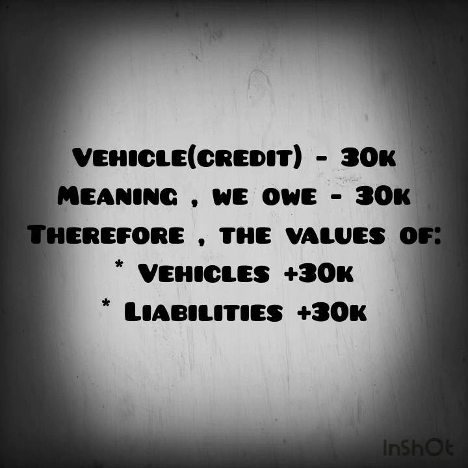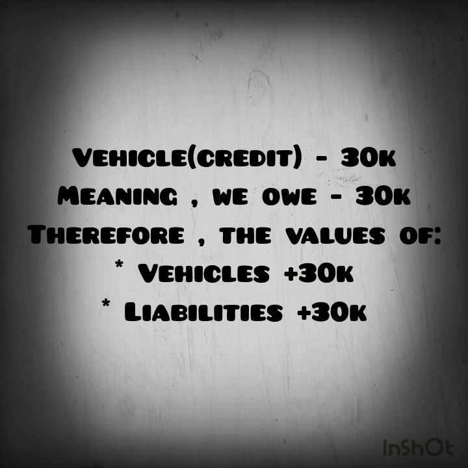Now let's say that the business buys a vehicle on credit, and the vehicle costs, let's say, 30,000 rand. A second-hand vehicle that costs 30,000 rand. So a vehicle is an asset in terms of accounting. So our liability is going to increase by 30,000 rand, because we have bought something on credit.